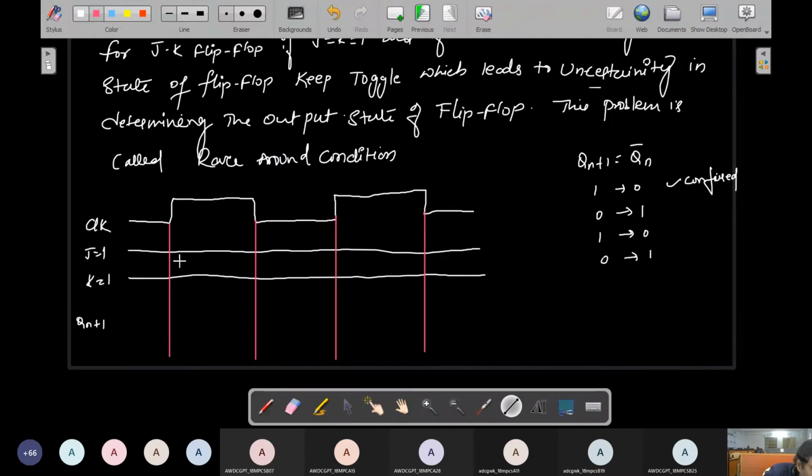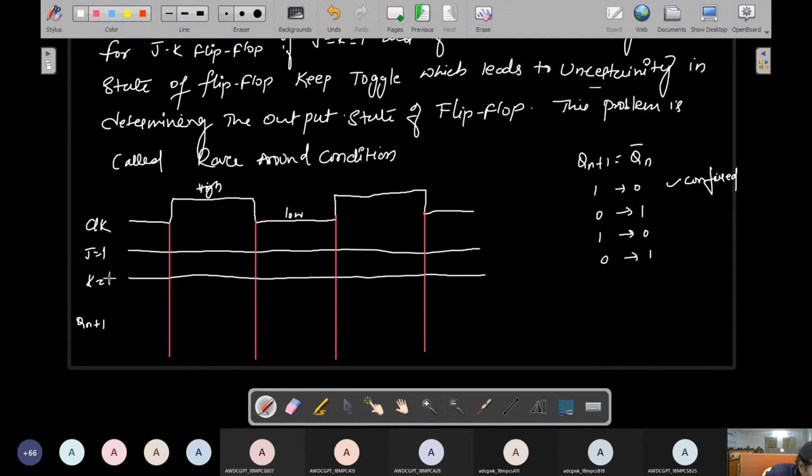For this particular state, the clock is at high, so this is represented high when the clock is at high condition. This is clock high, and this is clock low. Low clock means 0, high clock means 1.